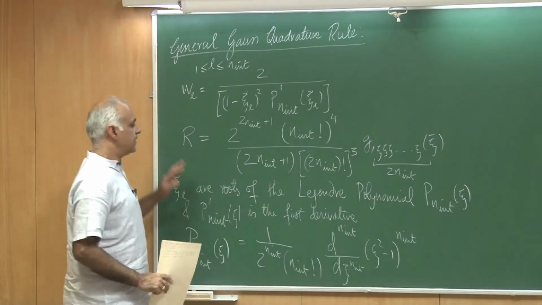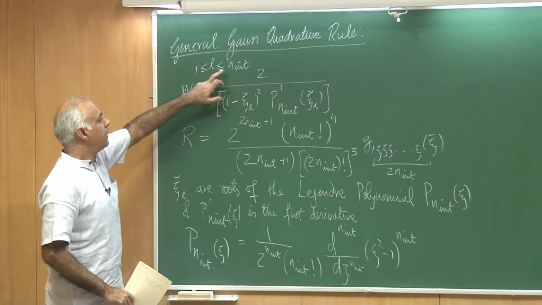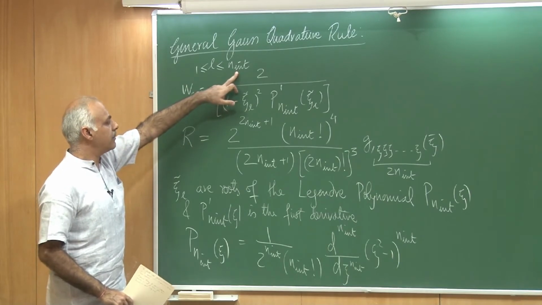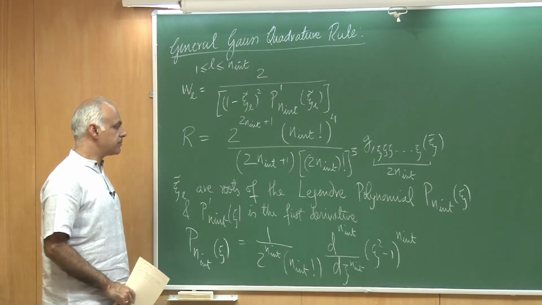So, that is the general expression for the Gauss quadrature rule, and by using different values of the number of integration points, one can actually derive these rules.